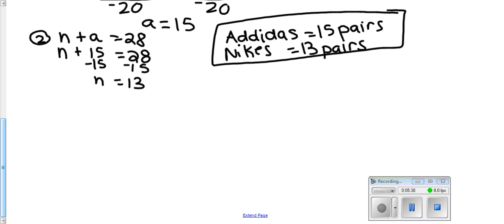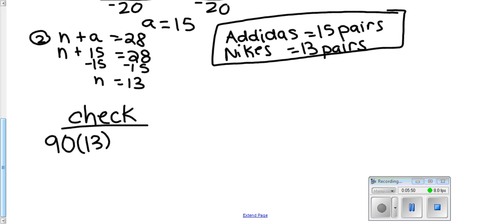But I always want to check to make sure that I solved this problem right. All right, so do not forget the check step. So we're going to check it by plugging 13 in place for N, and for the A, we're plugging in 15, and we're solving that.